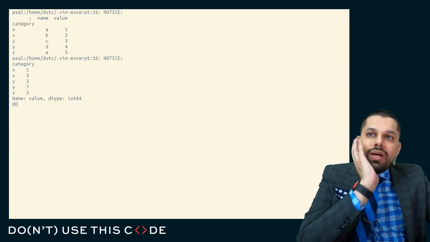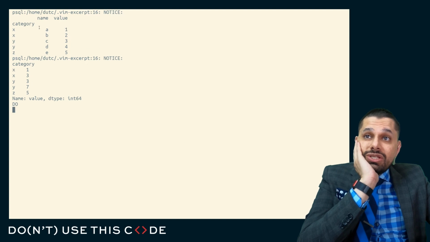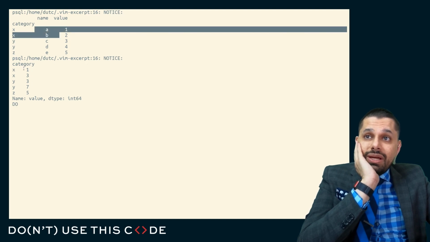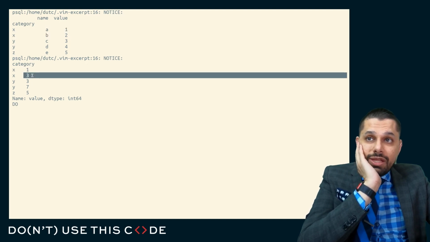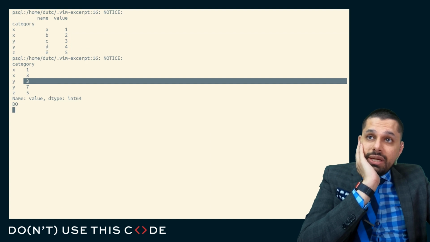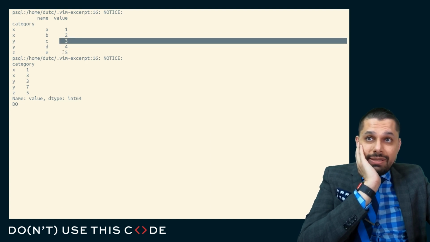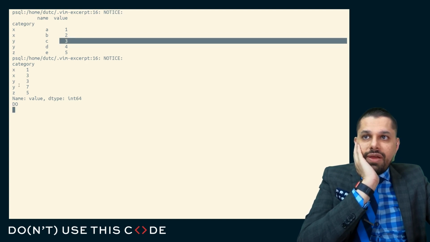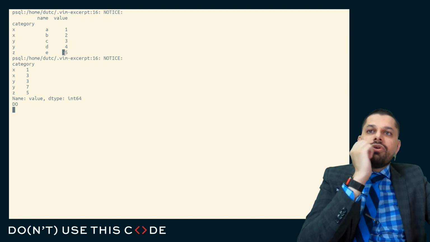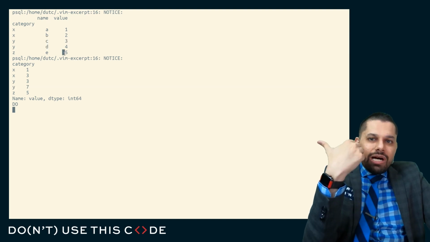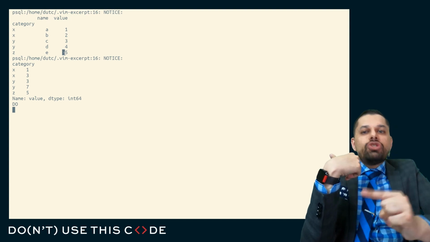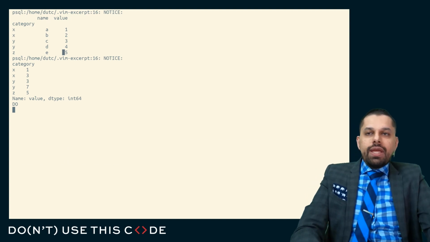For each group, compute the cumulative sum of everything you see. So here for this group, the A and the B, for just the A, give me a 1. For the A and the B together, give me a 3. For the C by itself, reset the starting point, so I get a 3. For the C and the D row, add these together and get a 7. For the Z row, give me a 5. I kind of want that. That's something that's useful. But I can't do that with the group by in SQL.